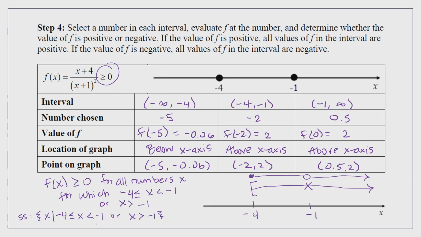And in interval notation, we would have bracket -4, comma -1, parentheses, union, parentheses, -1 to infinity. Okay. And we now have our solution written in words, written as a solution set, and written in interval notation.